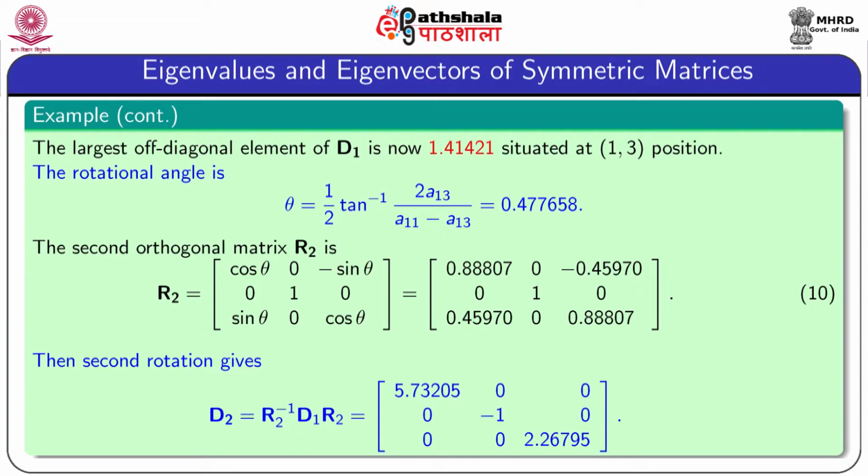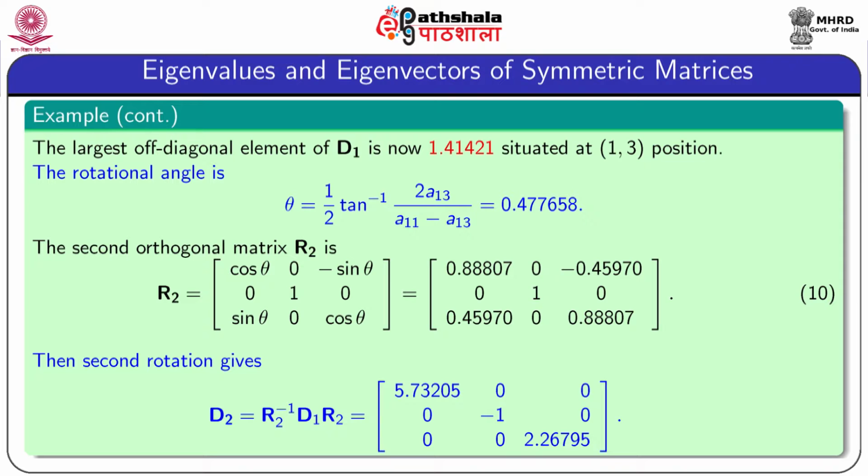Then the second rotation gives the matrix D2 equal to R2 inverse D1 R2, which is a diagonal matrix. Note that in this case D2 becomes a diagonal matrix, so no further rotation or transformation is required.